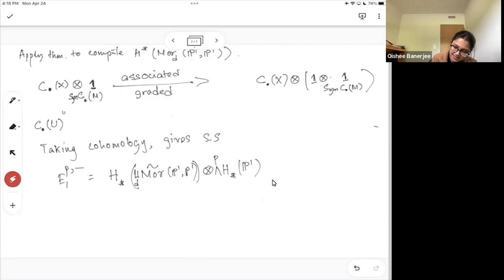And the reason this guy appears is that this is like a symmetric product of suspension of n, right? So taking suspension shifts the degree and gives you exterior powers of the homology of P1, because the homology of P1 is only supported in even degrees.